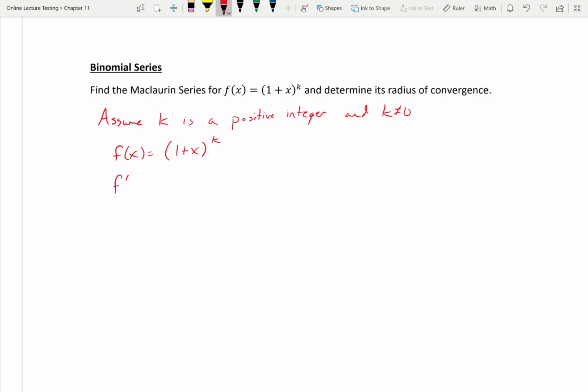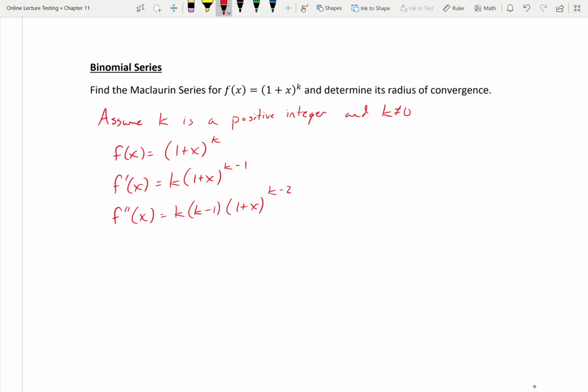So that means f prime of x is equal to k times 1 plus x to the k minus 1 power. F double prime of x is equal to k times k minus 1 times 1 plus x to the k minus 2.